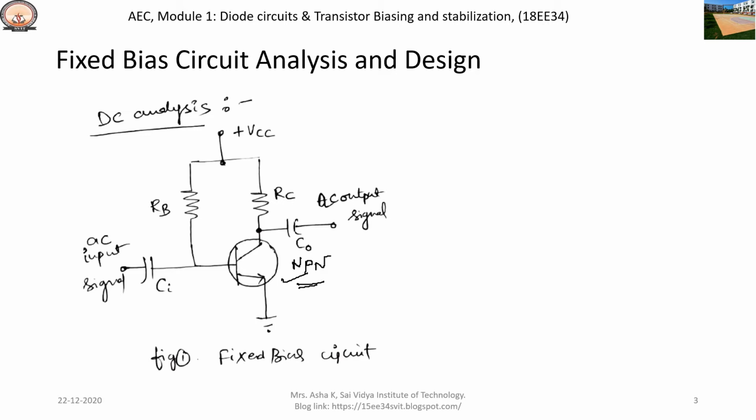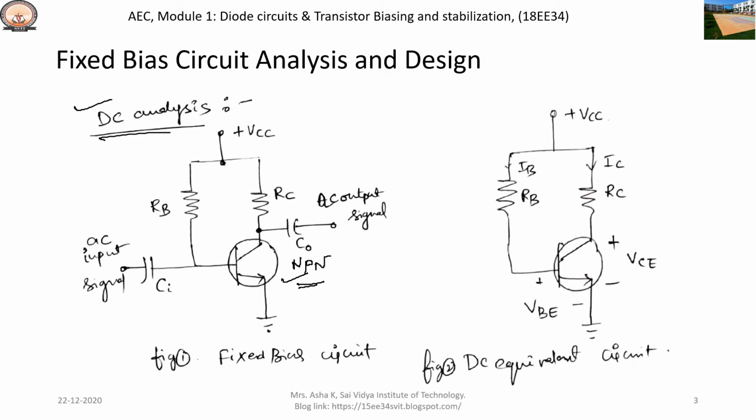Now we will analyze the DC analysis of the fixed bias circuit by open circuiting the coupling capacitors and also removing the AC input applied to the circuit. The DC equivalent circuit is shown in figure 2. It consists of plus VCC, RB resistance, RC resistance and a transistor.